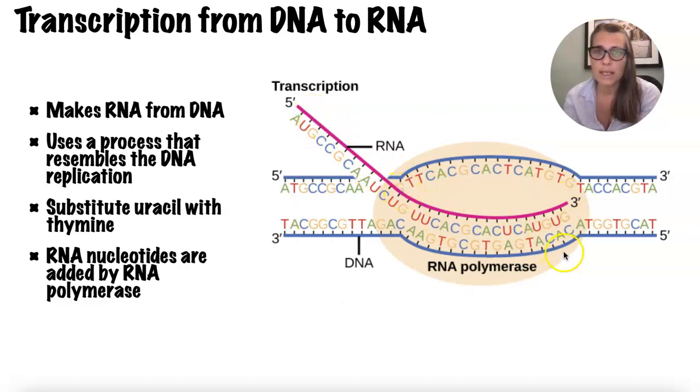This process resembles DNA replication a little bit. There are some similarities, but it's important that you don't confuse the two because the goal is completely different and what we're trying to achieve is completely different. So we are not addressing the entire genome. Here we are trying to express specific genes.